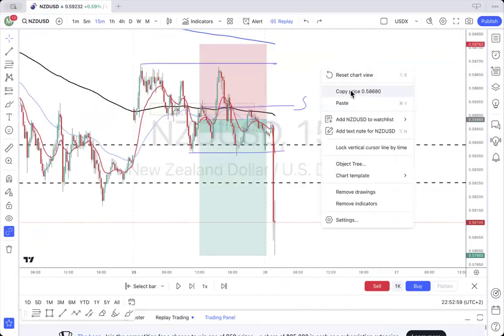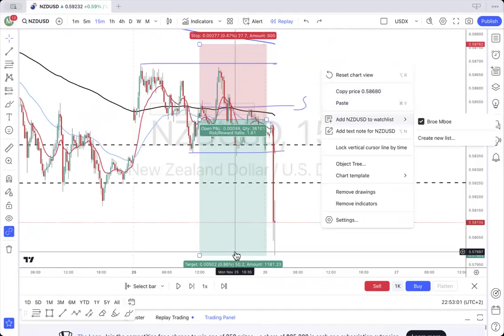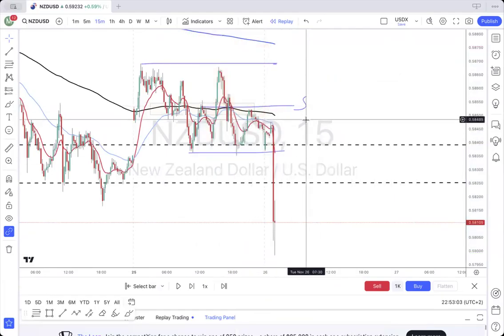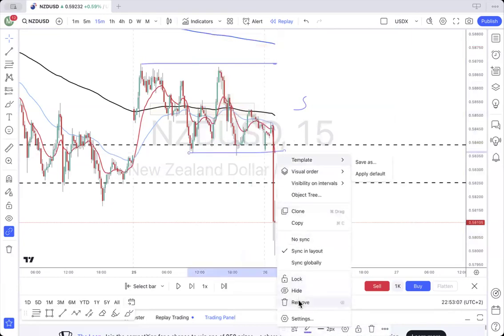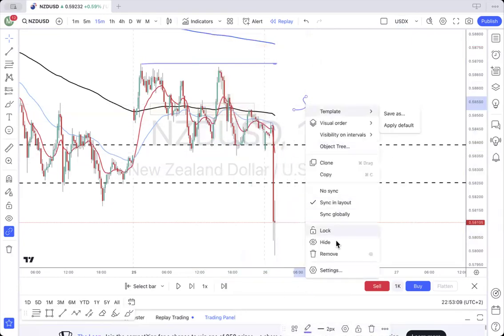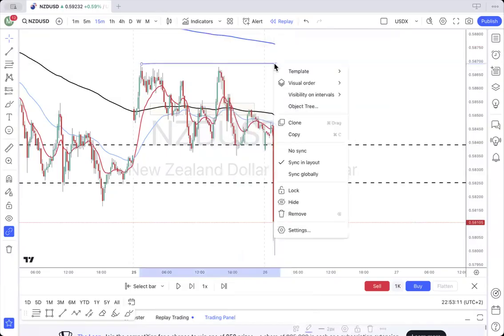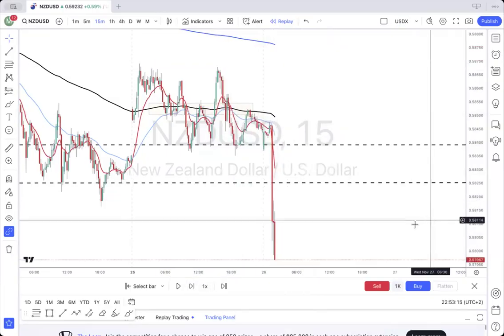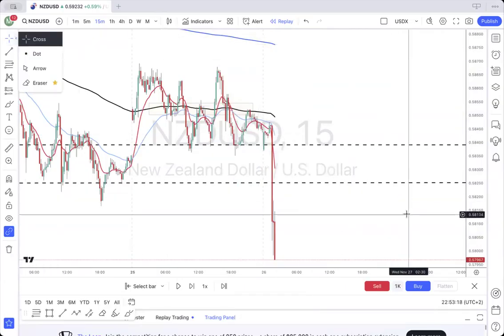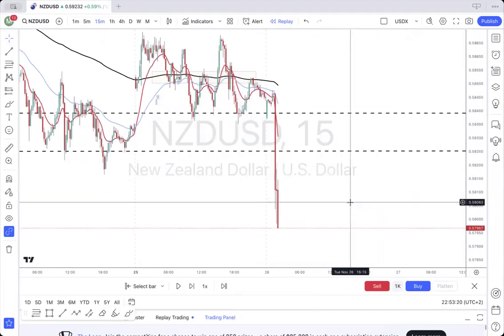All right. Now, let's go with it and see where it takes us. I'm just gonna remove this. Okay. So let's see where this takes us. All right. So this is the next thing. And they're still looking like they're going down. All right.